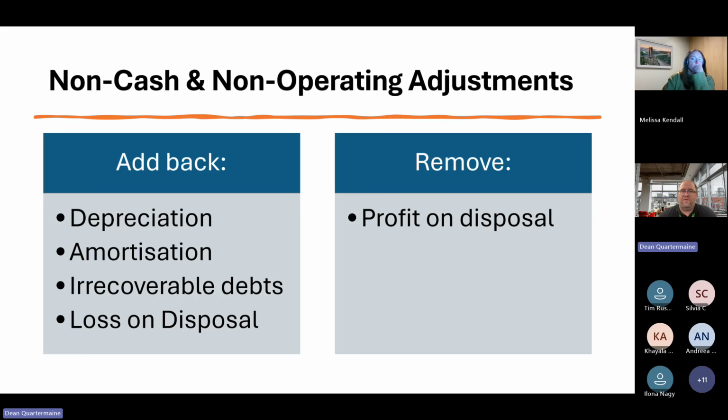And then you're going to add those back in. You're going to remove any profit on disposal. So if you sold an asset and made a paper profit for it, it's exactly that. It's a paper profit. It's not a real cash profit. So you're going to need to remove the profit on disposal.